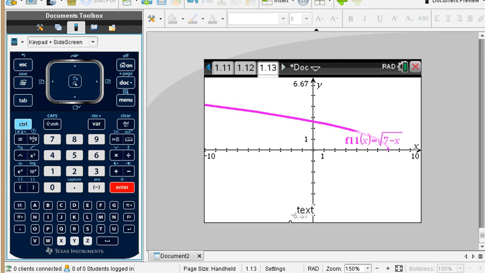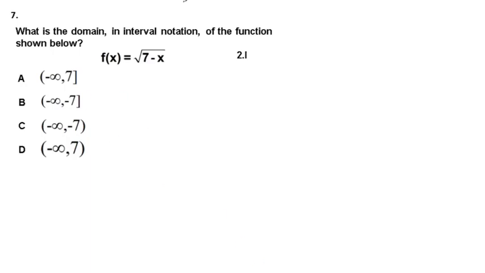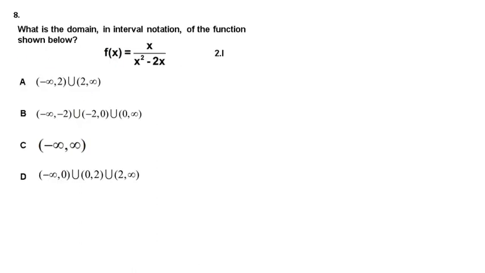On these, continually watch for domain and range. They try to get you, us test writers, on these things. Since 7 is included in the domain, answer choice A is our correct answer for number 7.